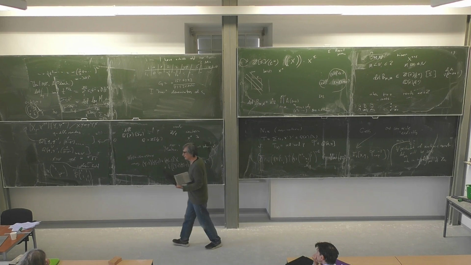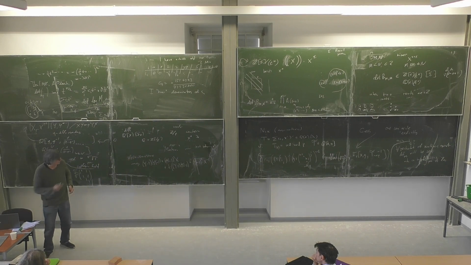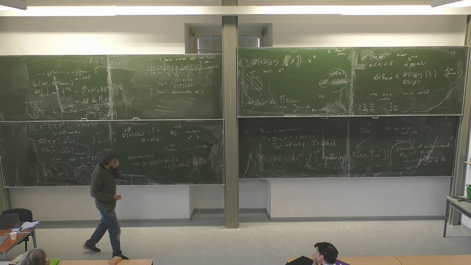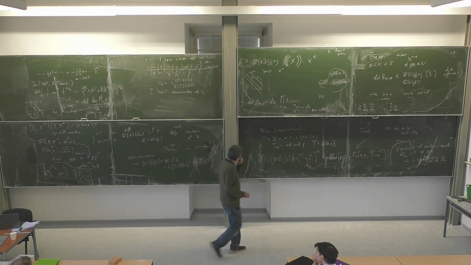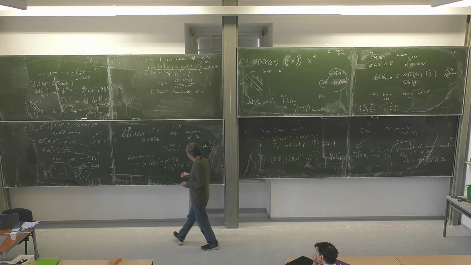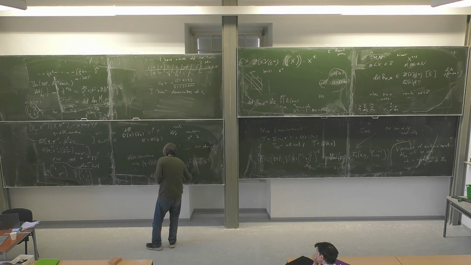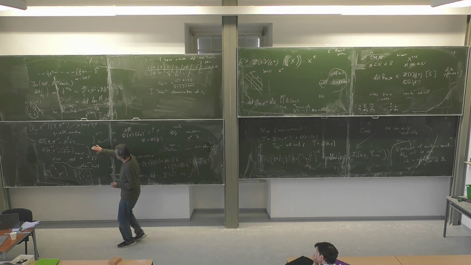Now when I take the determinant, it will be a sum over Cn e to the power n, but the Cn belong to this ring.